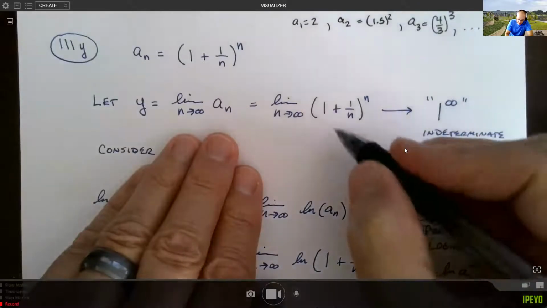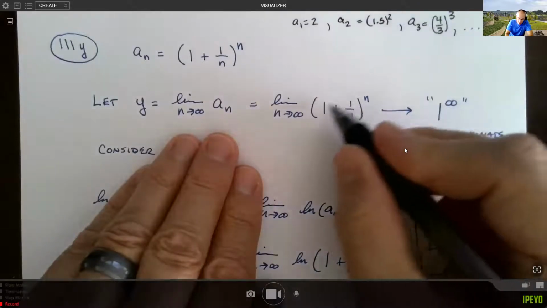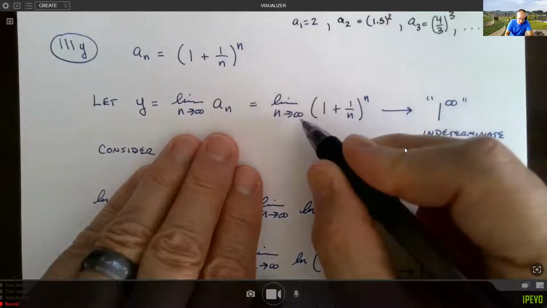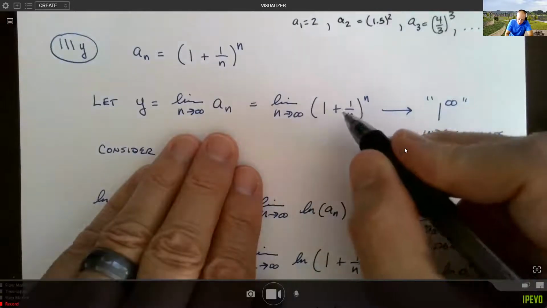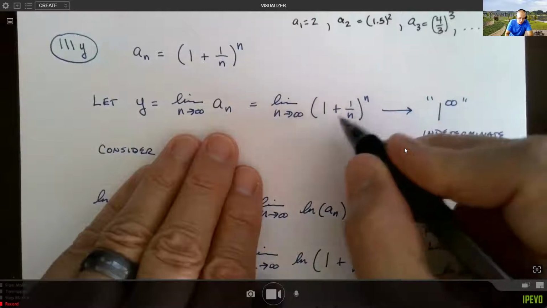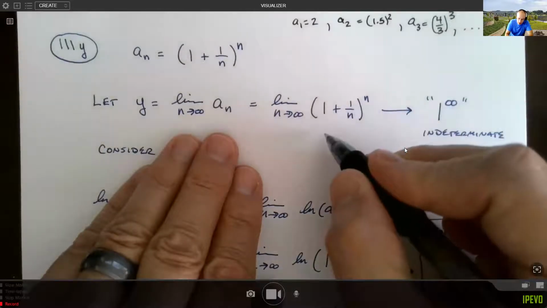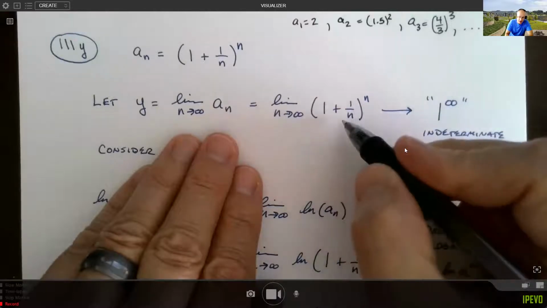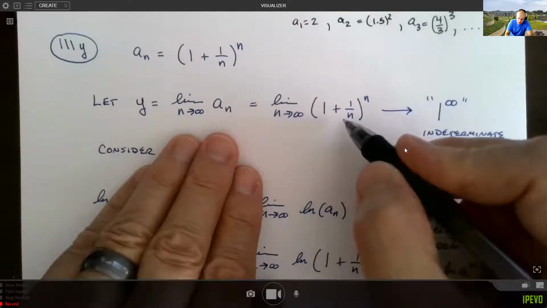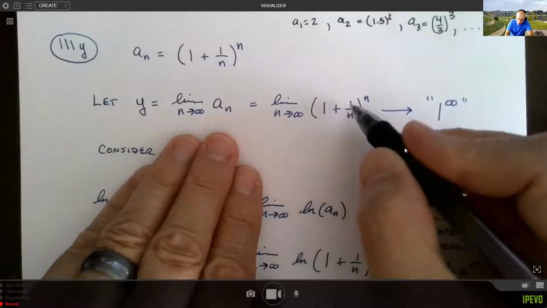The base is getting closer and closer to 1 as n gets bigger and bigger. But what is 1 raised to any power? It's 1. So the base is trying to make this go to 1. However, the base is never actually equal to 1, is it? It's close to 1, 1 plus 1 over n.